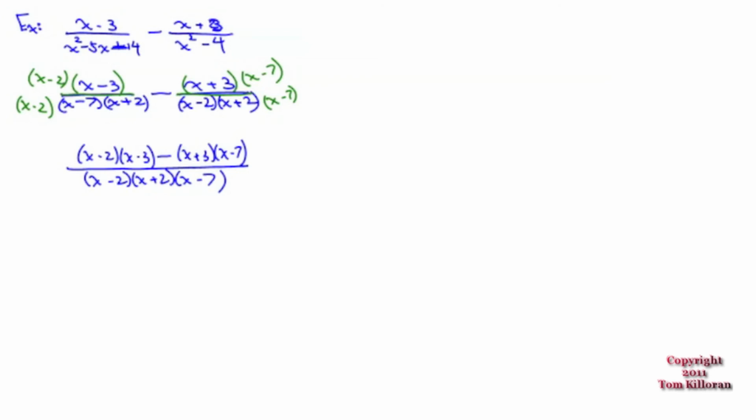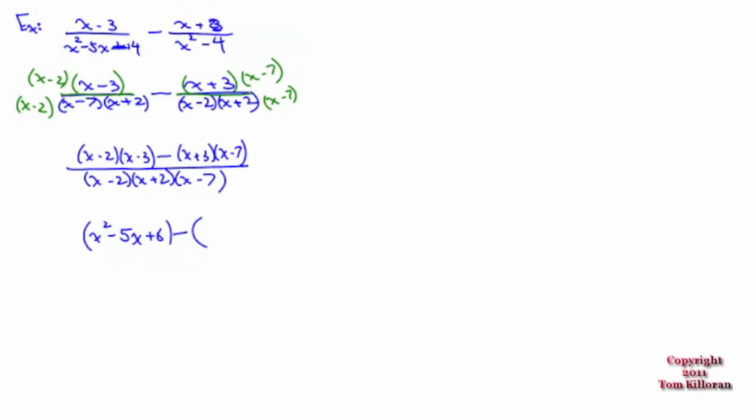So x minus 2 times x minus 3 becomes x squared minus 5x, it'll be minus 2x and minus 3x, plus 6. Minus whatever comes next.